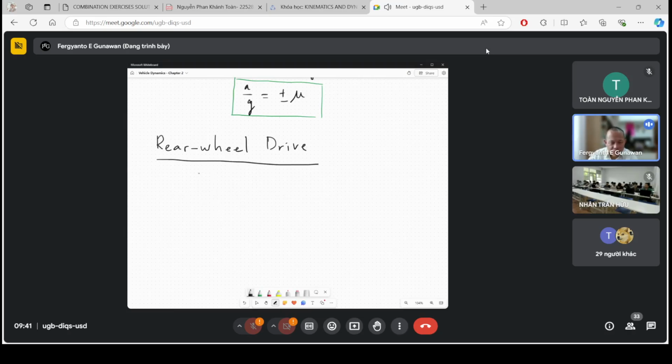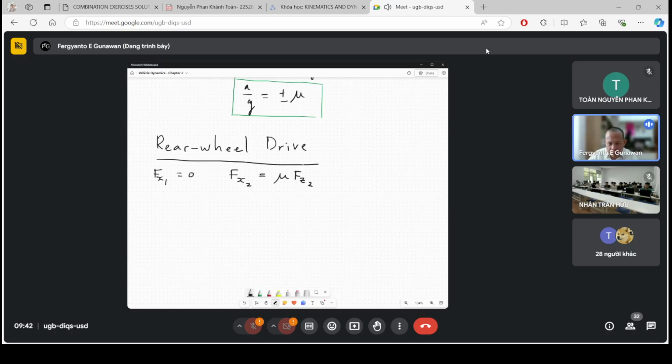If it is rear wheel drive, then the force at the front will be zero. There is no force from the front wheel, and the only force we have is from the rear wheel, which is mu multiplied by fz2.